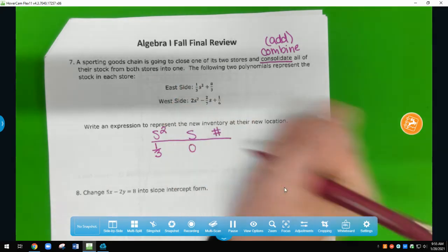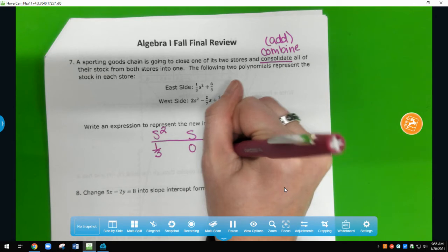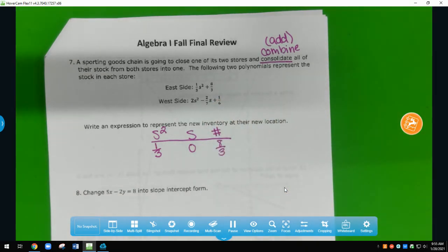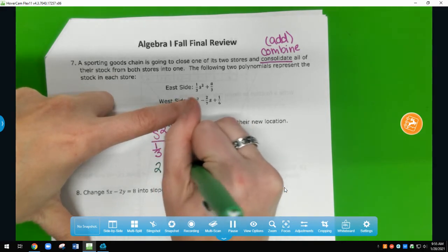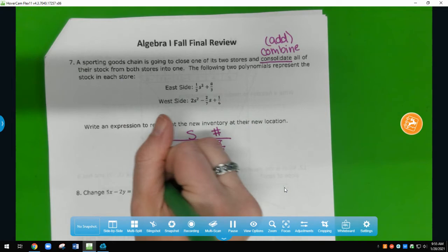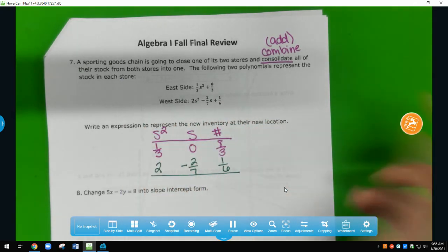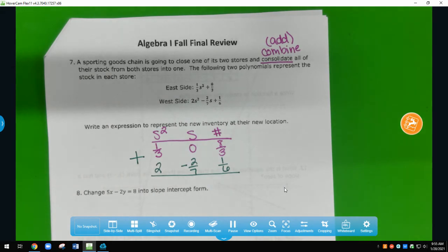There's no S on the first one. And then I have 8/3. Okay, for the second one, I have a 2, a negative 2/7, and a 1/6. Okay, remember we said we were going to add, so I'm going to put a big plus sign over here.